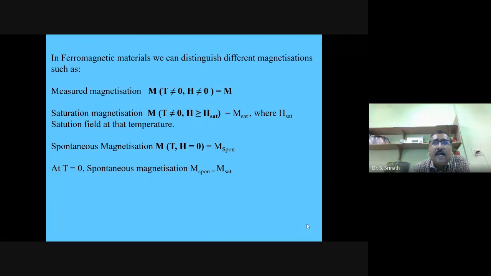Depending on the temperature, either I have to increase the field or a small field itself is sufficient. But I will not call it saturation unless this component is maximum. So this component value itself is independent of temperature. At any temperature, it will have the same value. Only the field required will be different. Is that point understood?